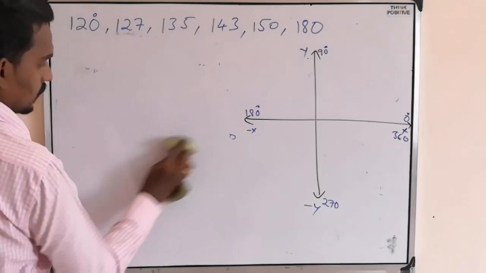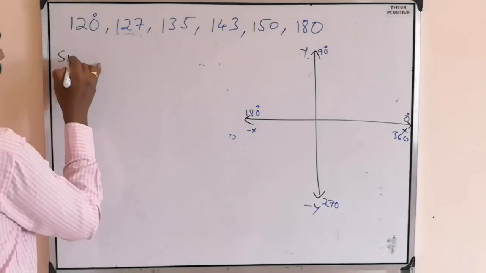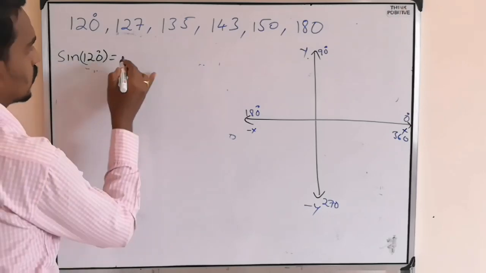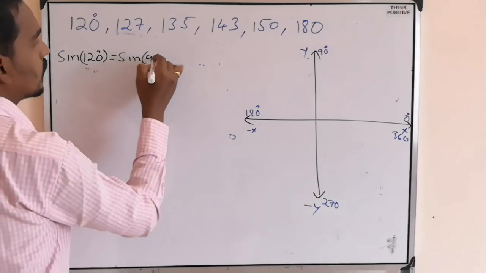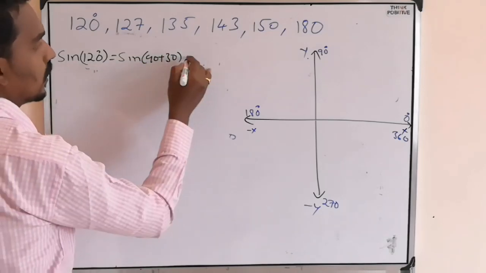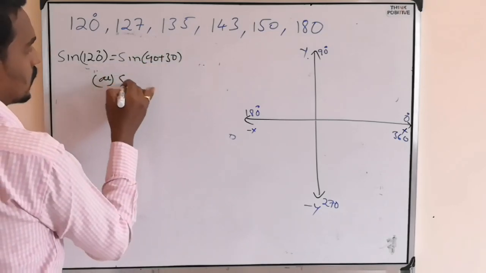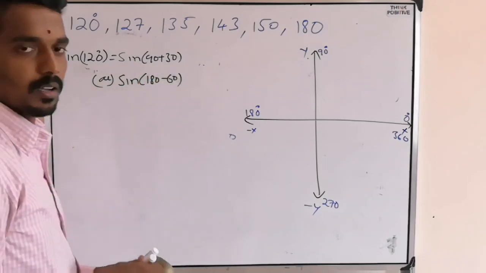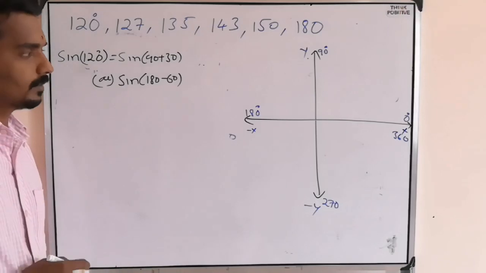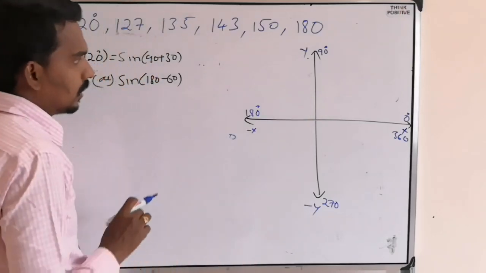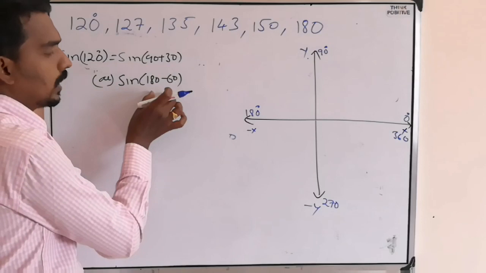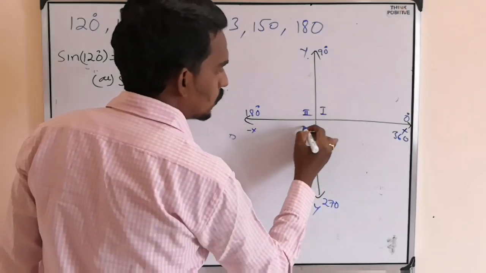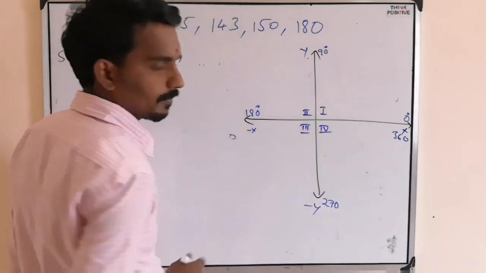Suppose sine 120 degrees, which I can write as sine of 90 plus 30, or sine of 180 minus 60. That is the first thing you have to do. Then see here, you have to look at which region this will come in. Region 1, 2, 3, 4.